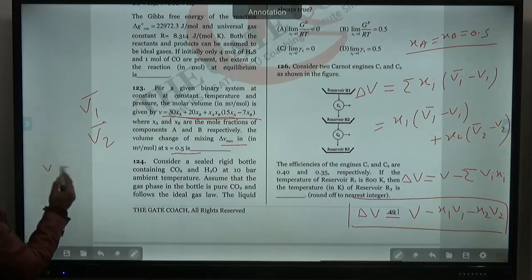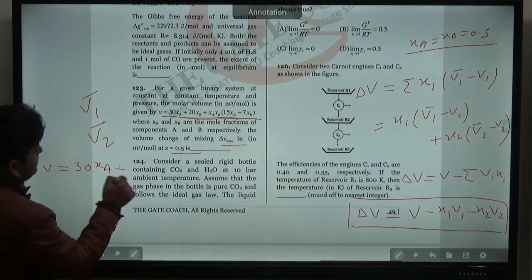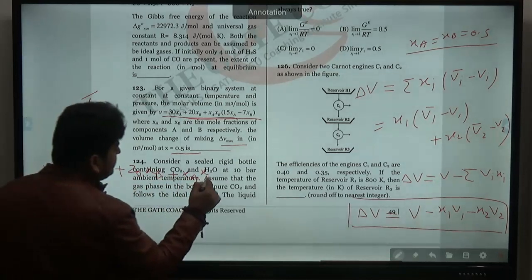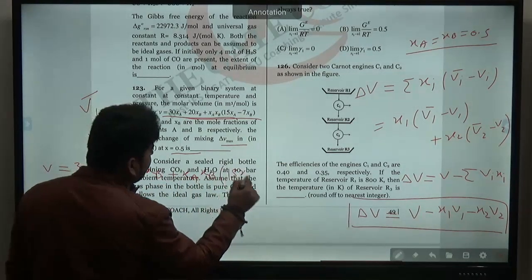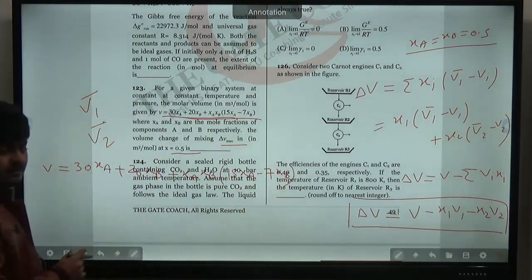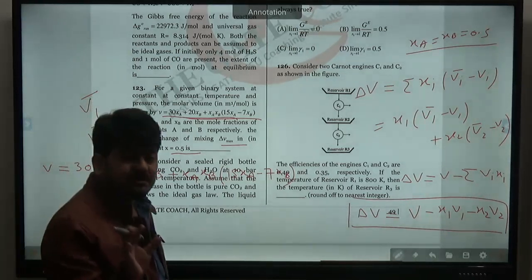One thing should be clear in your mind. Here V is given, for example in this question: 30XA plus 20XB plus XAXB times (15XA minus 7XB). That was the molar volume of the solution given.